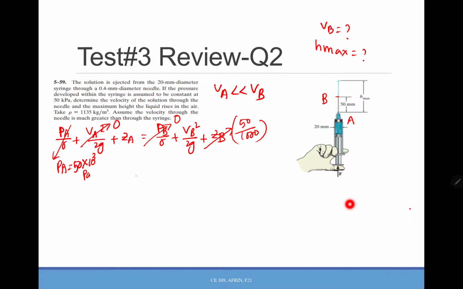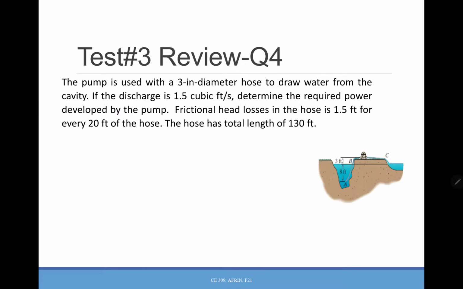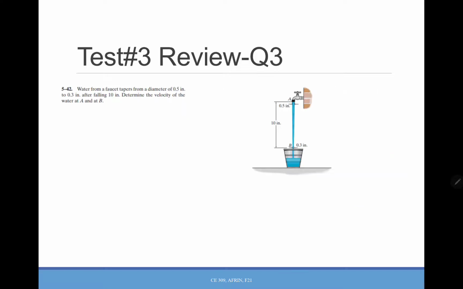Let's move to the next one. Test review question number 3. Water from a faucet tapers from a diameter of 4.5 inch to 0.3 inch after falling 10 inch. Determine the velocity of the water at A and B. This is the simplest one you can have.